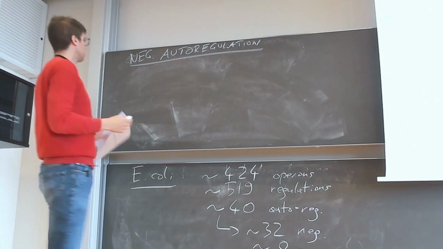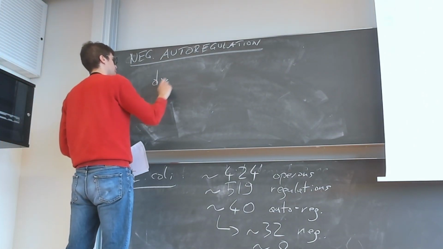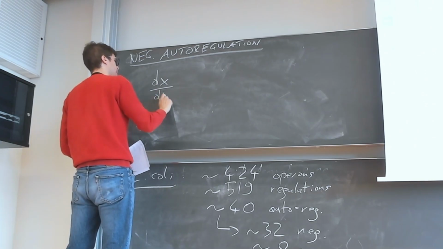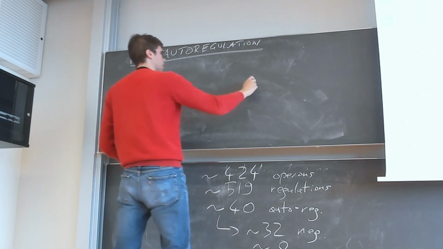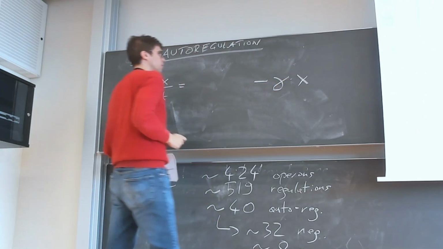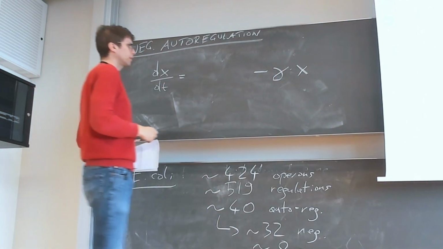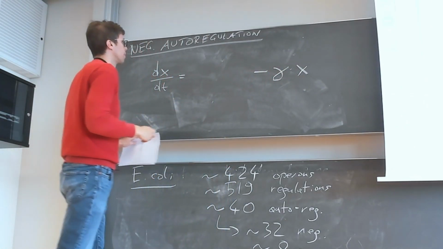Let's first build a model. Again, we had this model in the first lecture. So we can have X being the concentration of our protein of interest, of our gene product of interest. And let's say, again, we have some degradation rate.